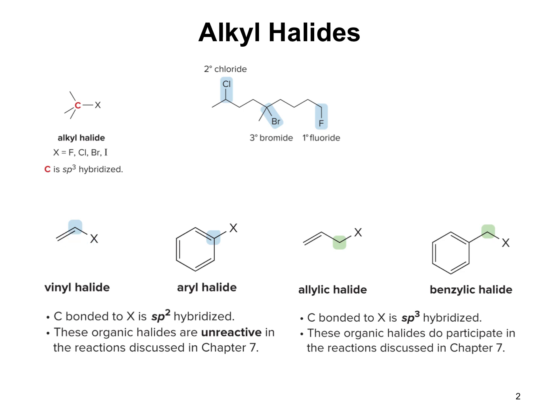It's bonded directly to the double bond, and the allylic is 1 carbon away. Same trend with the aryl and the benzylic here. Again, that's just more vocabulary and being able to understand what we're talking about when something's referred to as vinyl or aryl or benzylic. But these don't really participate in the reactions that we're going to see in this chapter.